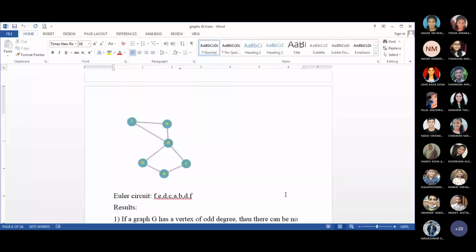Okay, so starting from vertex F, we go to vertex E, E to D, D to C, C to A, A to B, B to D and D to F. So this is an example of a Euler circuit because it's a circuit which begins at vertex F, ends at vertex F, and every edge is considered exactly once.